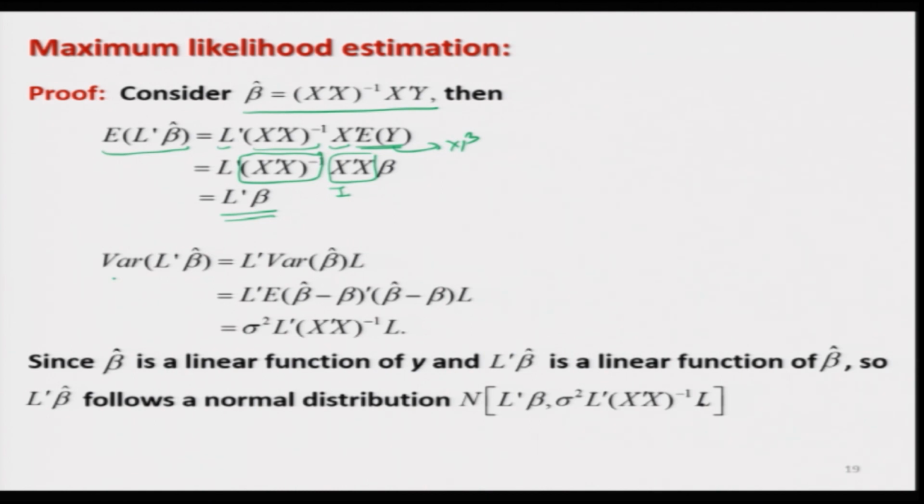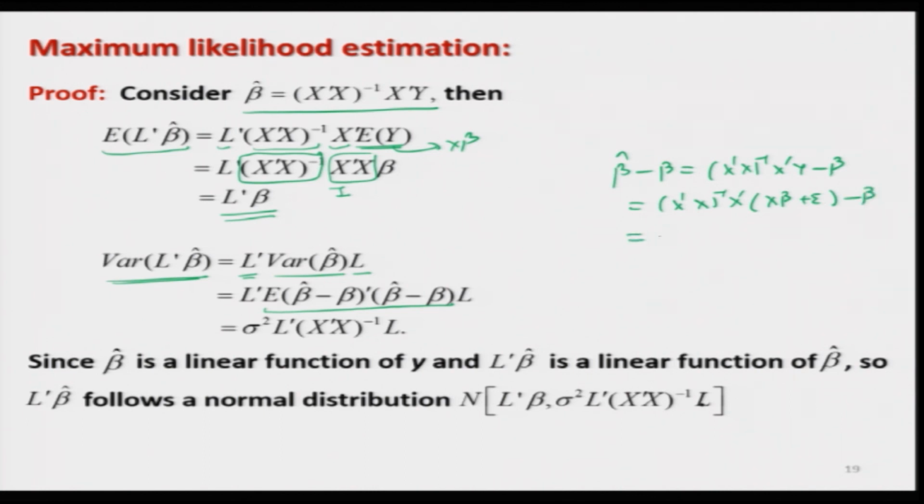Now, if you want to find the variance of this Lᵀβ̂, this will become Lᵀ Var(β̂) L, and the variance of β̂ is simply the expected value of (β̂ − β)ᵀ(β̂ − β). And β̂ − β you can obtain as (XᵀX)⁻¹Xᵀy − β, and y is Xβ + ε, minus β. So, this will become (XᵀX)⁻¹XᵀXβ + (XᵀX)⁻¹Xᵀε − β, and you can see that this is (XᵀX)⁻¹ and this is XᵀX.